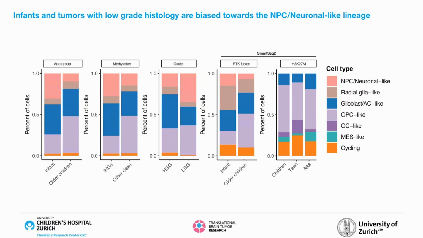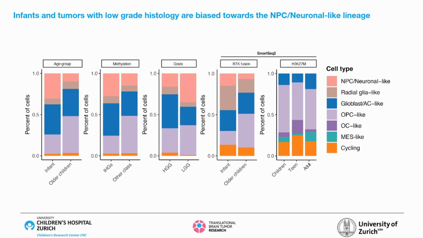And then finally, when we stratified the cancer cell population across different patient groups and age groups, we observed that infants and patients with low-grade histology, as classified by pathology, have a significant enrichment for neuronal-like cells. And that the tumor composition also differs from other pediatric gliomas, like DMGs, H3K27M, that lack the radioglial-like population and have more of the OPC-like.